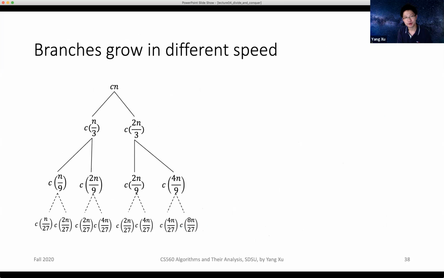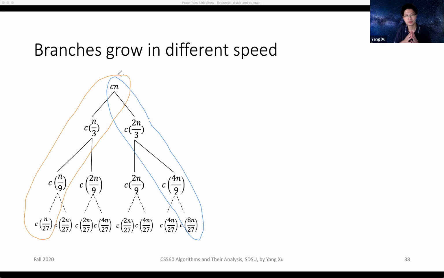The branches grow at different speeds. If you observe the rightmost branch here, it decreases from C times n to 8/27, right? And for comparison, we look at the leftmost branch.